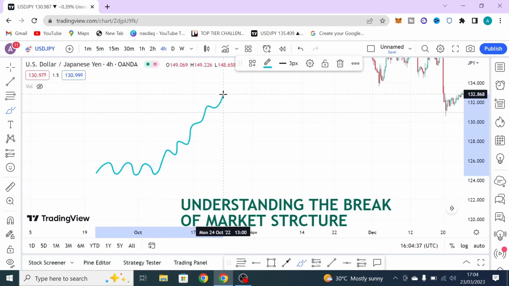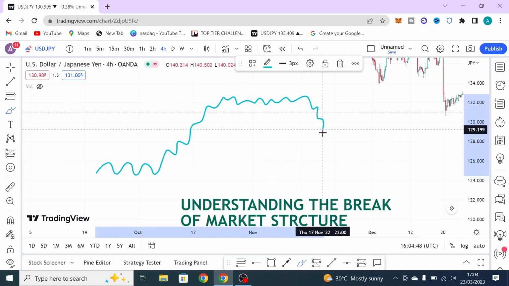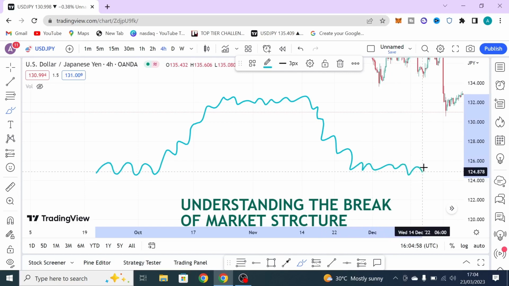Then from here, you start seeing something like this. Then after this stage, it breaks down. You start seeing something like this. Then after here again, it comes back and starts giving you the same thing it did before the breakout.